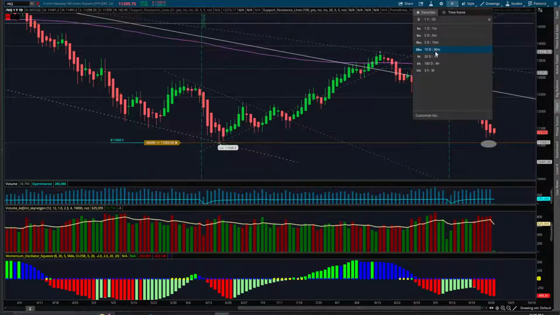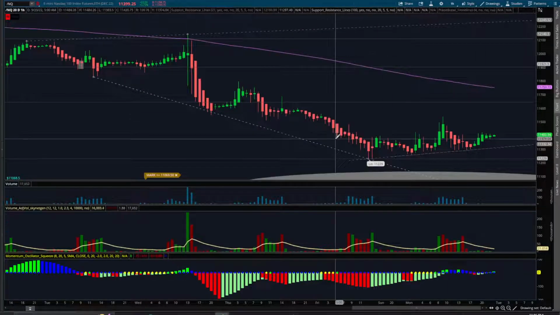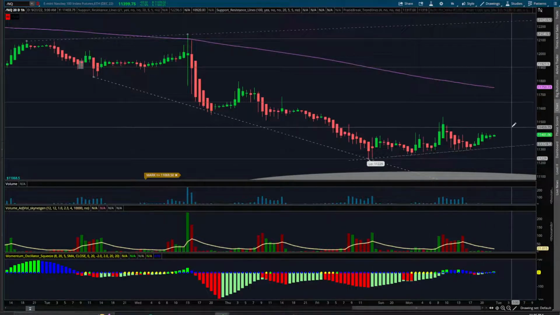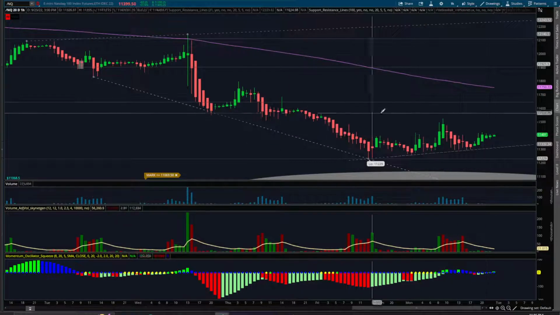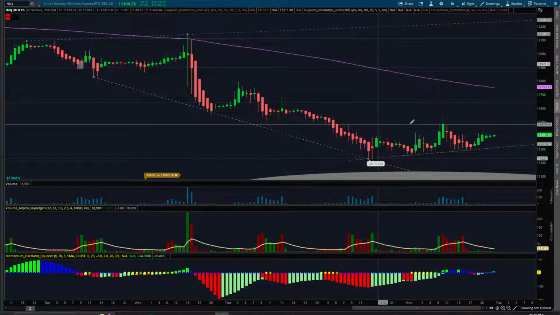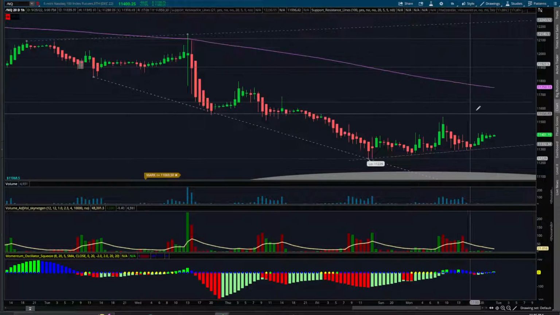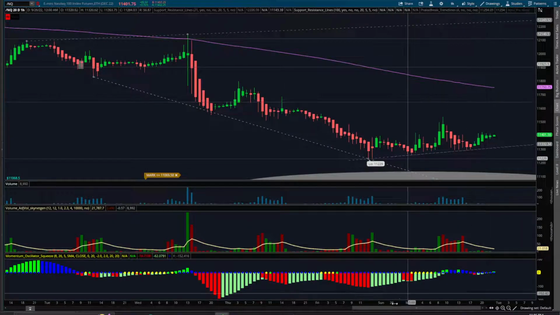If we go to the hourly, here on the hourly, it looks like we are in an uptrend. Okay, and remember we closed an inside bar. So if tomorrow we get up above today's high, we got room to run here on the hourly all the way to the 200 EMA.